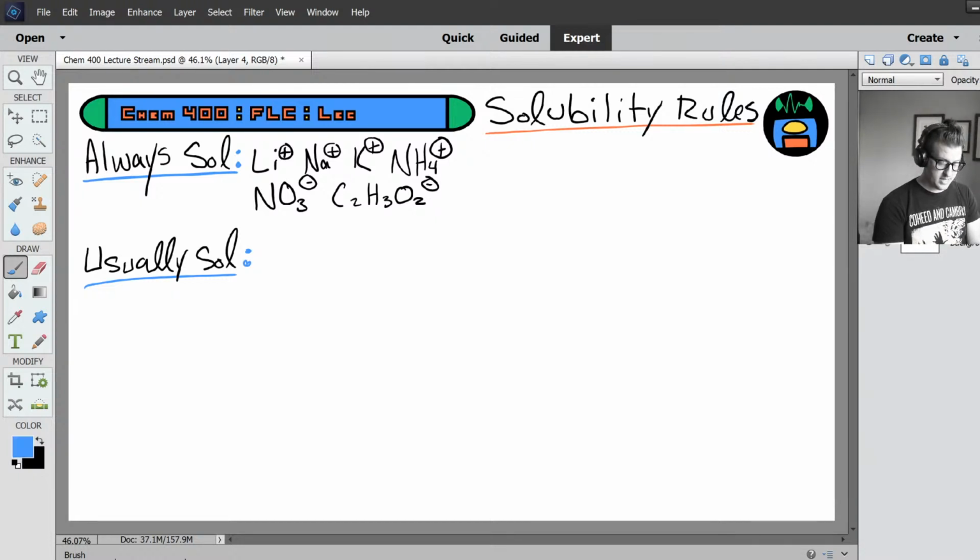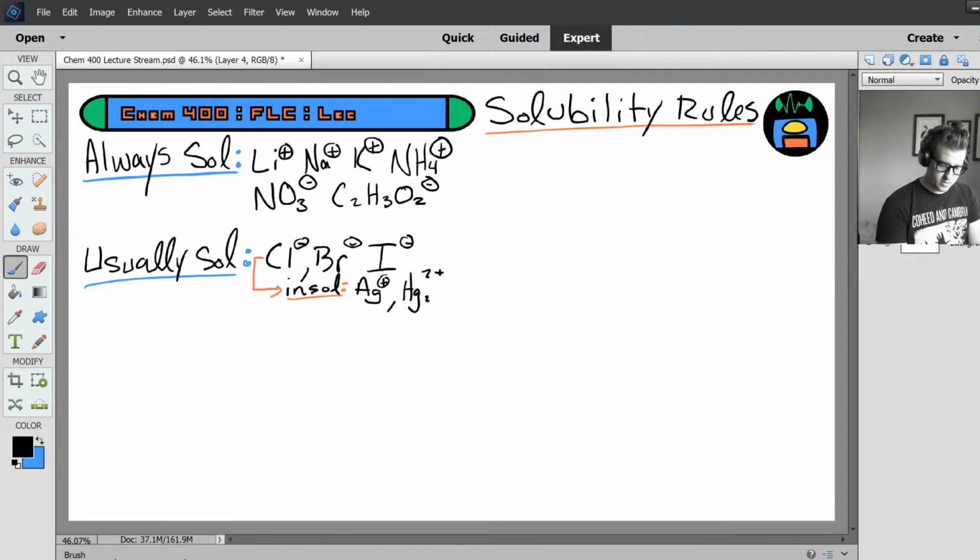And they are chloride, bromide, and iodide, but these are insoluble when you pair them with either silver, Mercury 1, or lead 2.